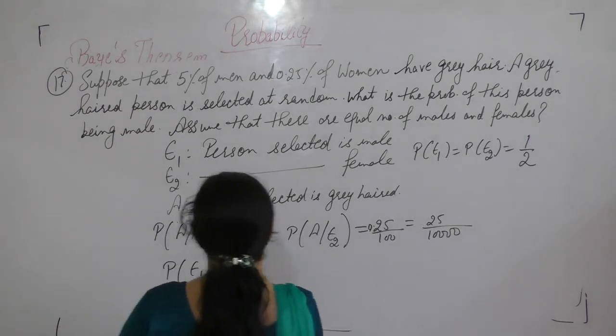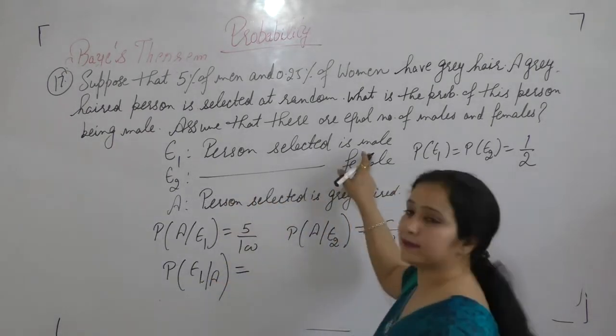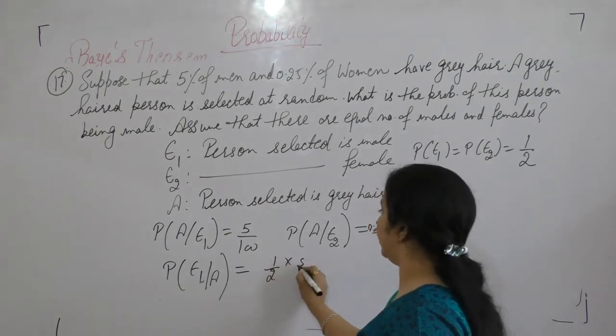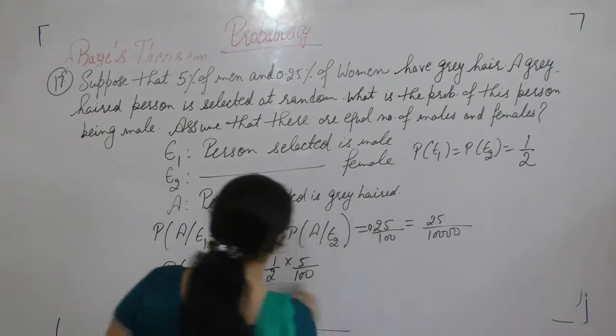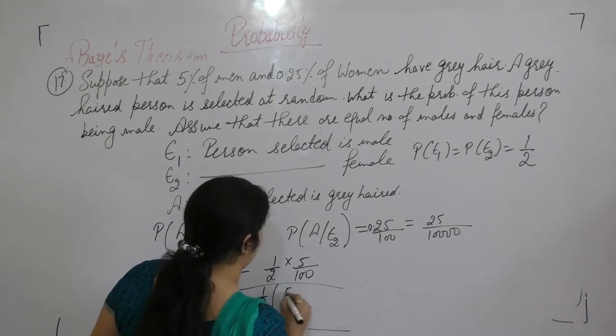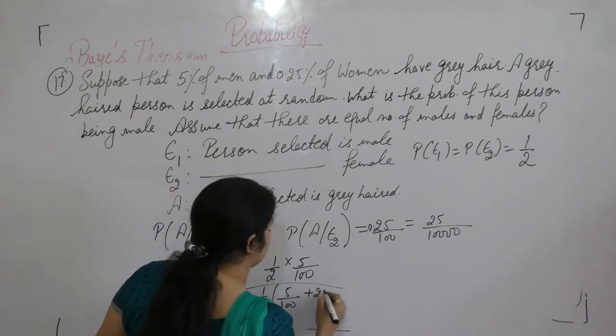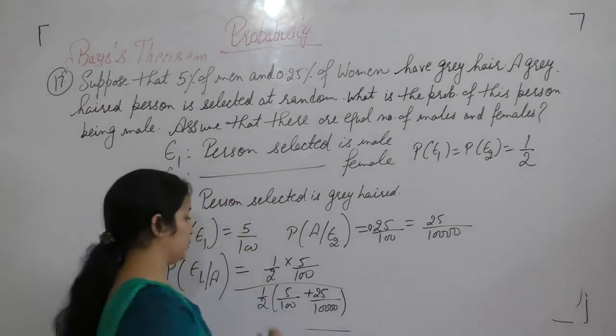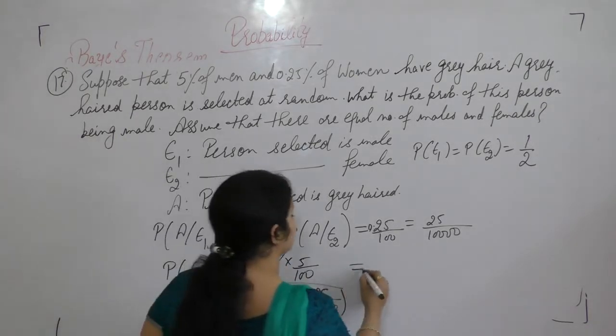Probability E1 upon A. E1 is male. So probability of E1, A upon E1, 1 by 2 is common. So A upon E1 plus E2, A upon E2. 1 by 2 will get cancelled.